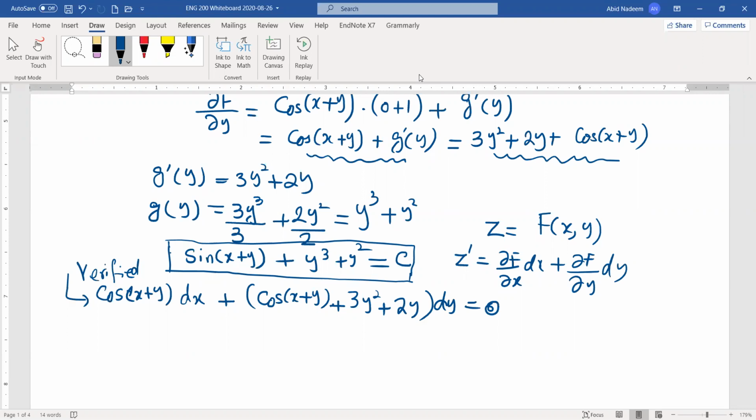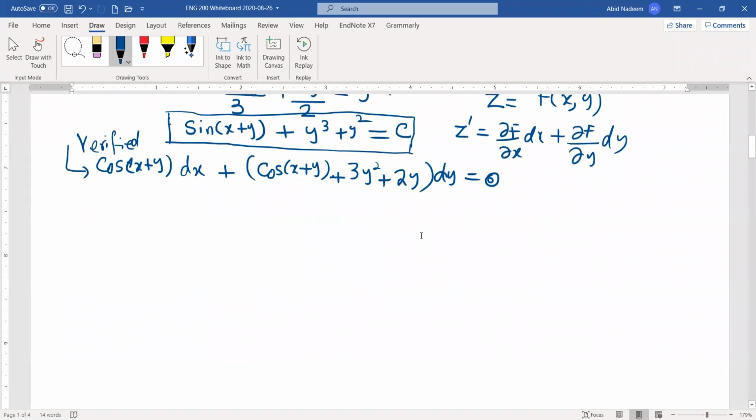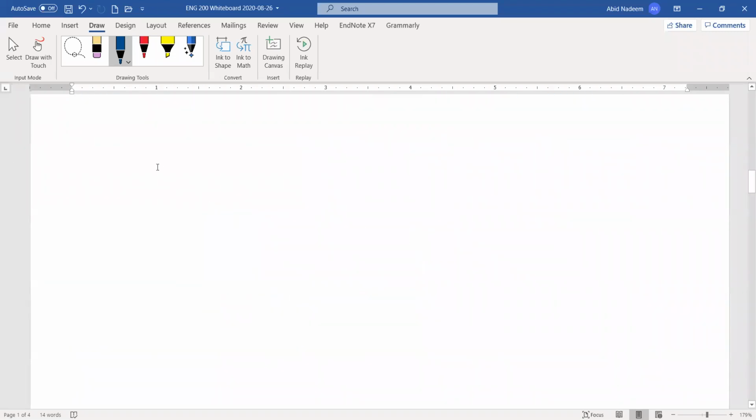Okay, so next, this was the exact equation. So next, take another example. In this case, I'm using the non-exact equation. Let's take a very simple equation, minus y dx plus x dy, or maybe I can use some other, a little bit complicated one.